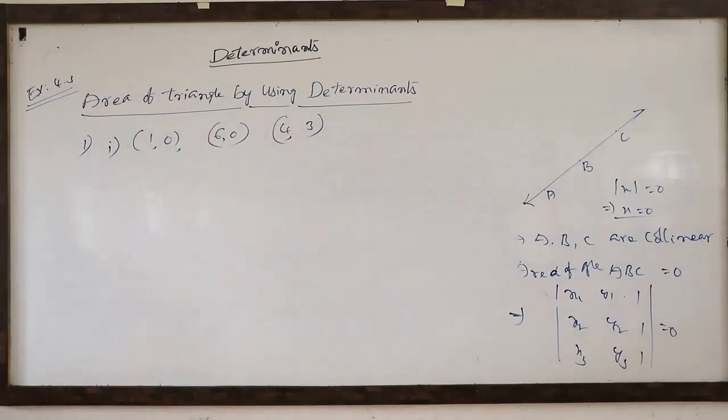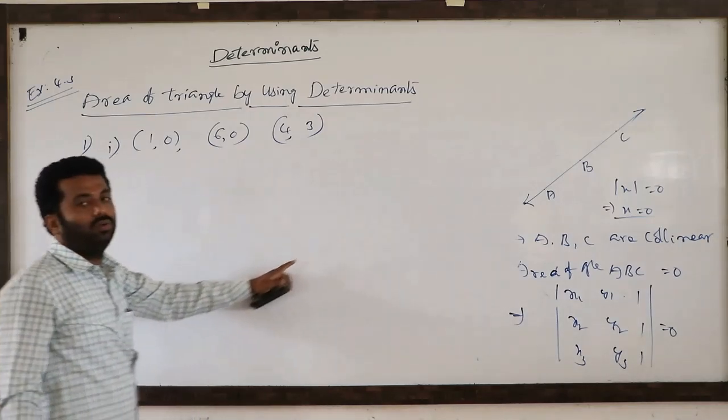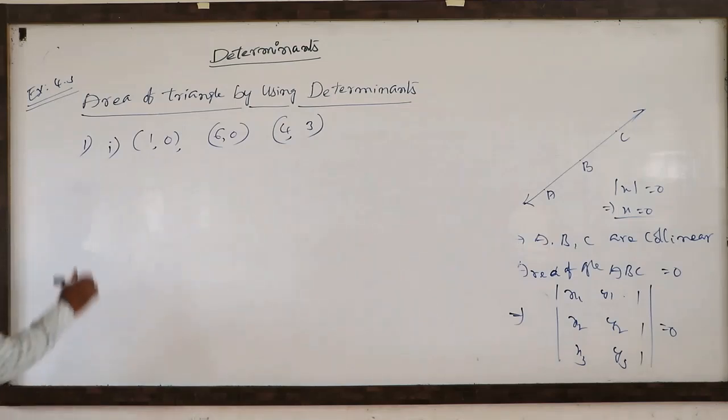By using determinants, we have to calculate the area of the triangle whose vertices are given.